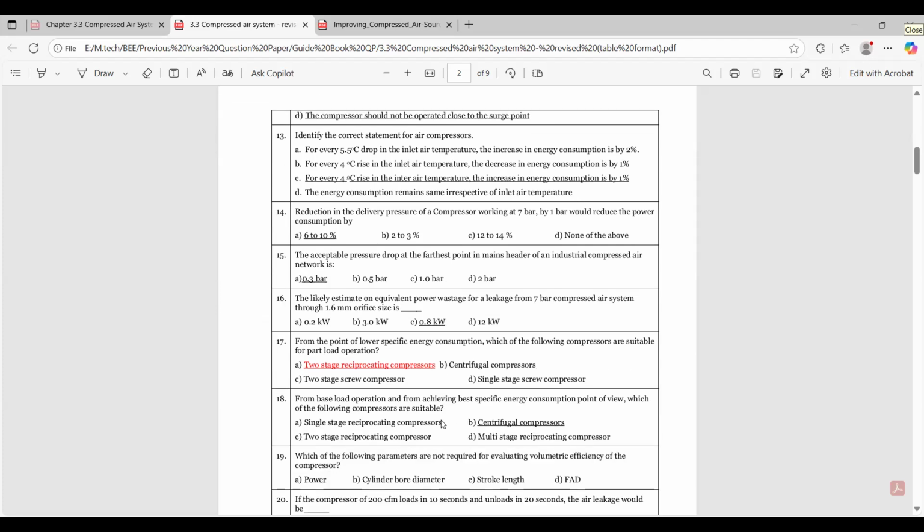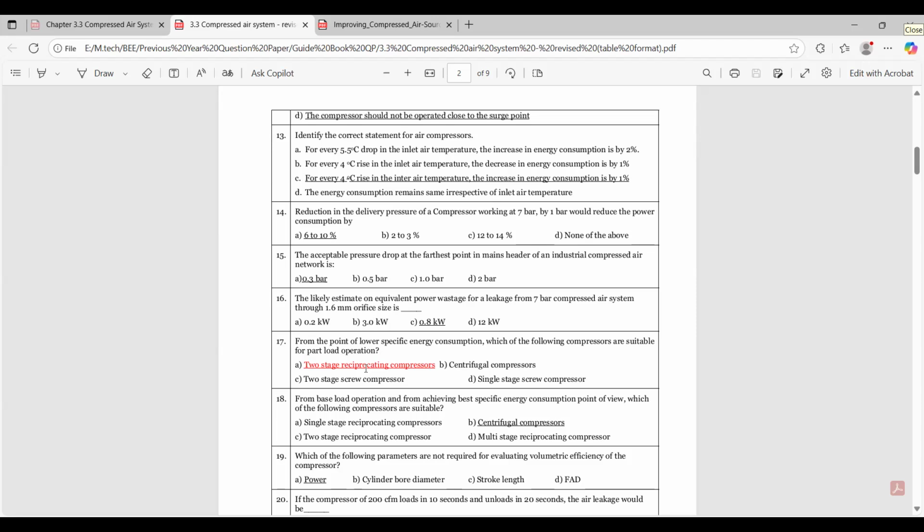For part load operation, a two-stage reciprocating compressor is always good, because for part load centrifugal compressors will have the worst performance. Then a screw compressor, for part load, will go to load-unload. Two-stage reciprocating compressors will always give better part load performance.